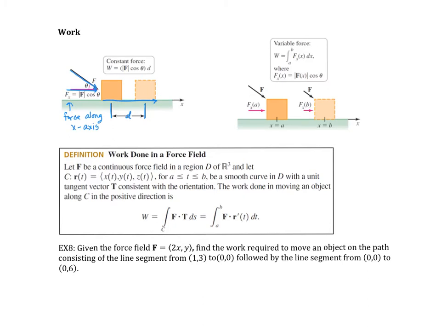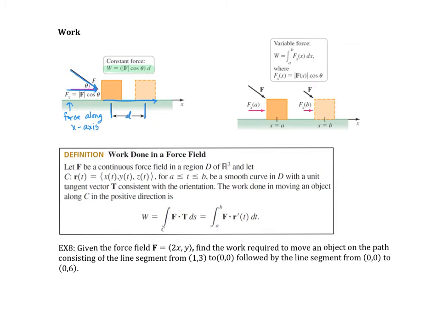Theta is going to be the angle between the force along the x-axis as opposed to the force itself that's coming at an angle. And then we can compute the work done equal to the magnitude of the force, cosine of theta, times the distance that the object has been moved. So that is a work formula for constant force with horizontal straight line movement.